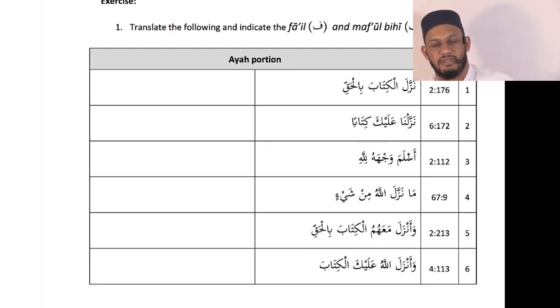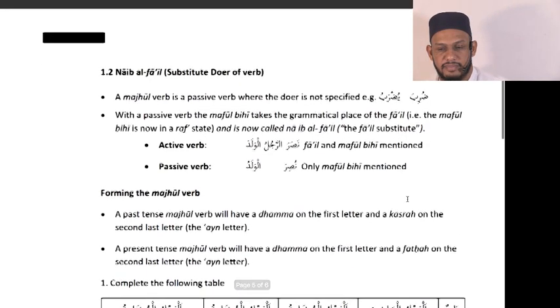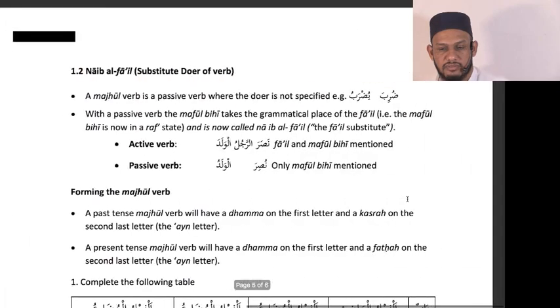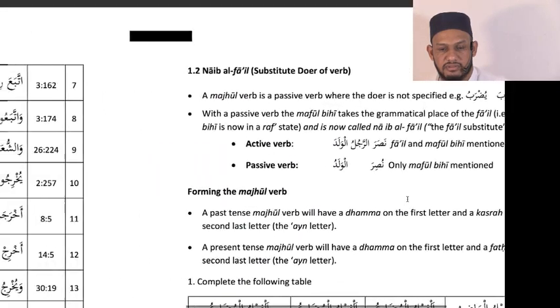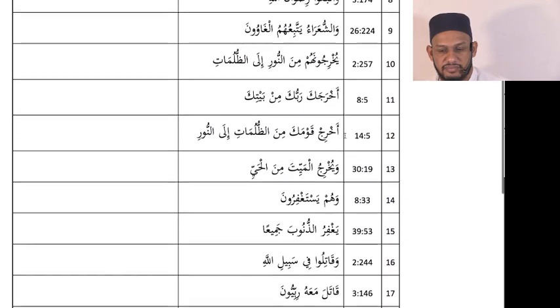So let me just say, aslama means submitted. It's a verb which means submitted. Anzala is a verb, number 5, which means sent down. And number 6, anzala means sent down. So that's going to be new for you. Number 7. Oh, there's lots of verbs I haven't done yet here.